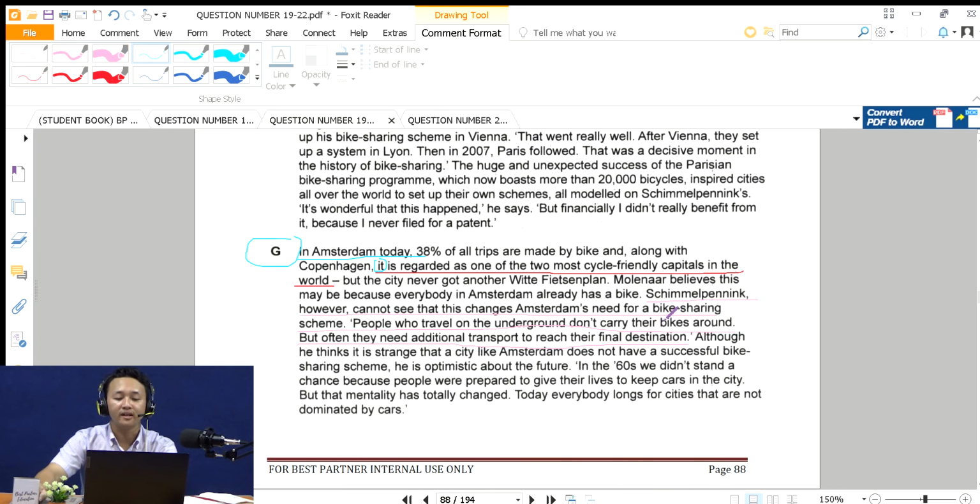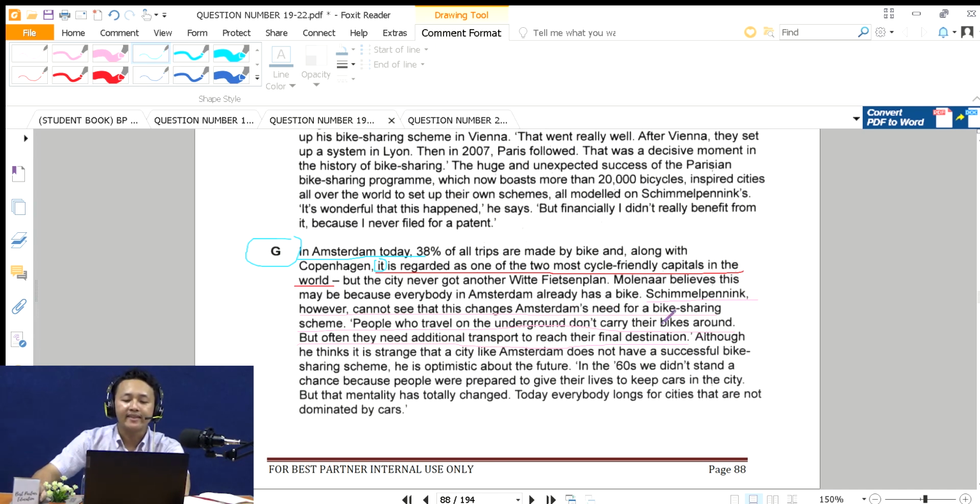And also you find that Simel Penning, however, cannot see that this changes Amsterdam's need for a bike sharing scheme. People who travel on the underground don't carry their bikes around, but often they need additional transport to reach their final destination. It means that people in Amsterdam mostly go around by using bikes, not cars, because they do not support it.